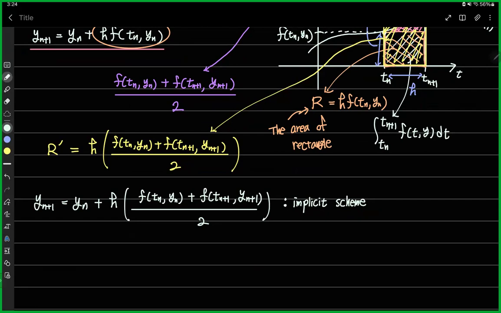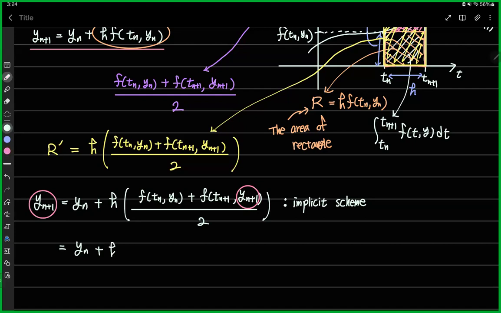Now this is equal to y sub n plus... since y sub n plus 1 is unknown, right? That's what we want to find out. But y sub n plus 1 is in the formula. So that's why this is an implicit scheme, right? So now we approximate this one with the Euler formula.